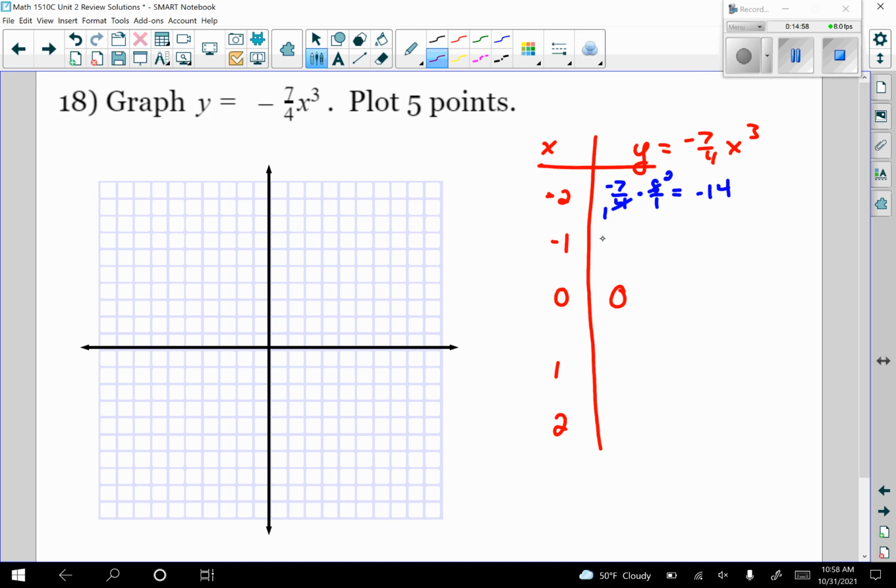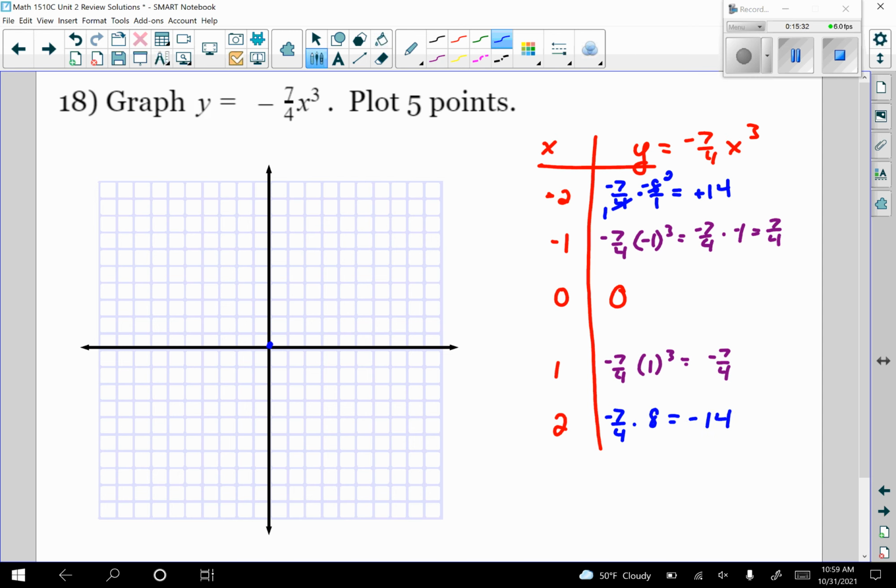If I substitute in a -1, actually -2 cubed is a -8, so it's going to make it a +14. -7/4 times -1 cubed will be -7/4 times a -1, which is 7/4. Over here, we'll have -7/4 times 1 cubed, which will give us a -7/4. And then this becomes -7/4 times 2 cubed, which is 8, which will give us a -14.